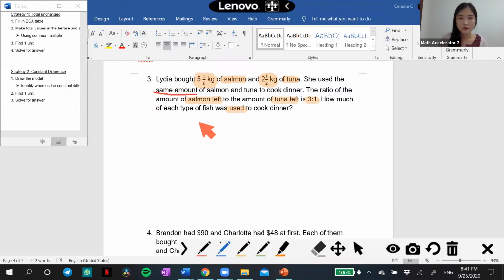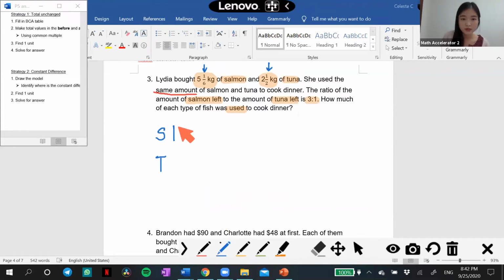Right, so let's start off with what we know. The salmon and the tuna. Which is more? Right, looking at the numbers given. Salmon, correct.